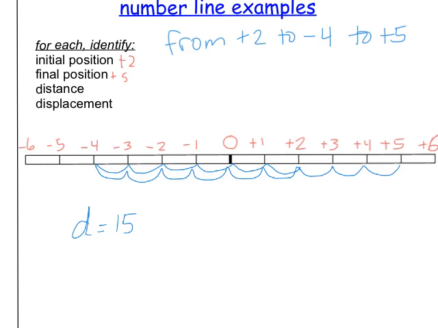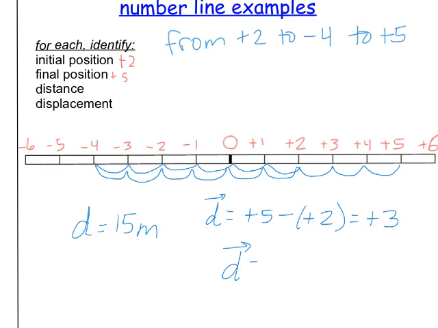Now if we were looking at this to scale and measuring in the SI system, our metric unit for distance would be a meter. For displacement, on the other hand, we are only interested in the final and the initial position, so we're simply going to subtract. The final position was a positive 5, and then subtract the initial position, a positive 2, and that's going to leave us, don't just say 3, it's a positive 3.